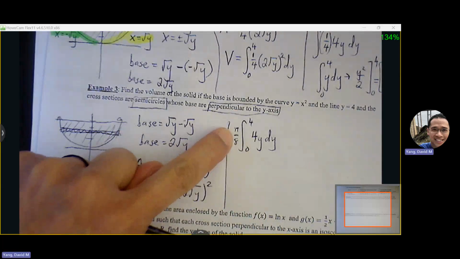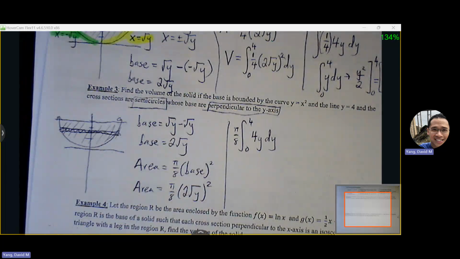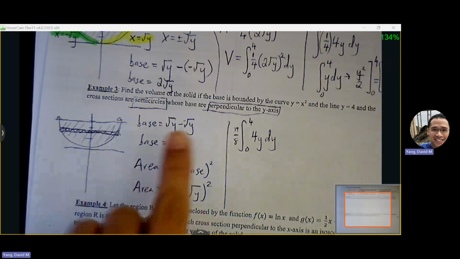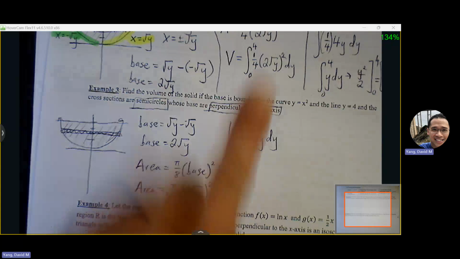So this is the only time you have to keep track of a pi, when there's a semicircle. Not because of rotation, but because we're actually building something that's circle related on top of our base. So I like to hold on to the pi. You can plug this in the calculator and then multiply by pi over 8 by hand.